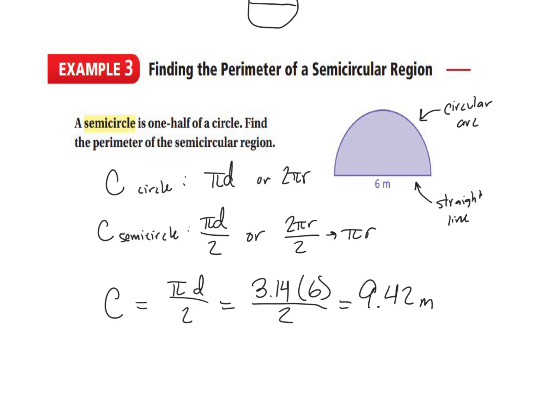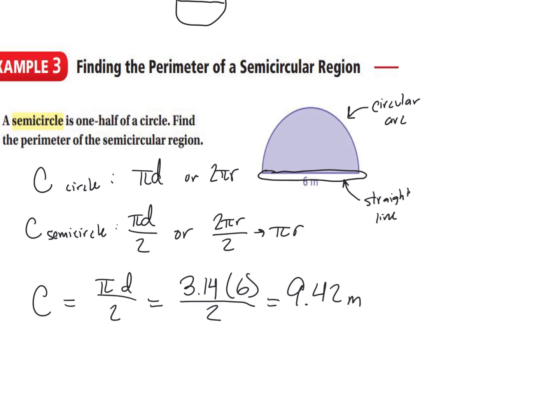Now, again, this is the circumference of the circular arc part. It's not the full semicircle because I haven't done all the parts on the outside. The other part on the outside is this straight line, which just happens to be the diameter. So I'm going to take this 9.42 that I found for my circular region, so we've done this part of it, and I just need to add this straight way right here.